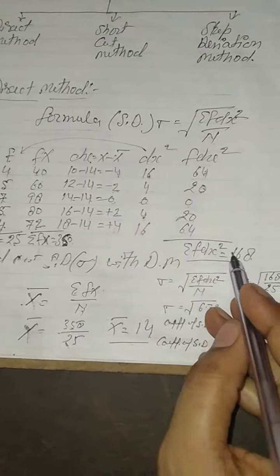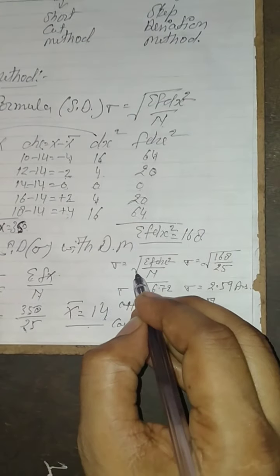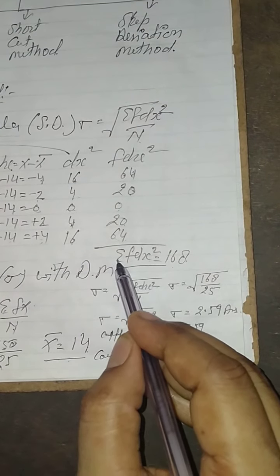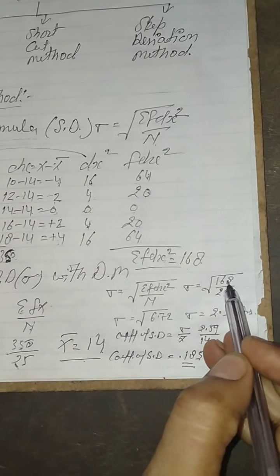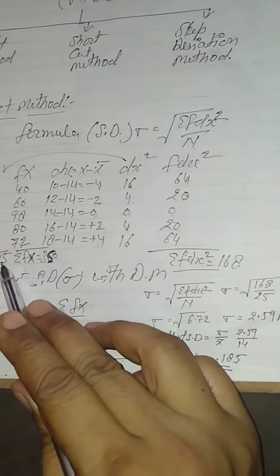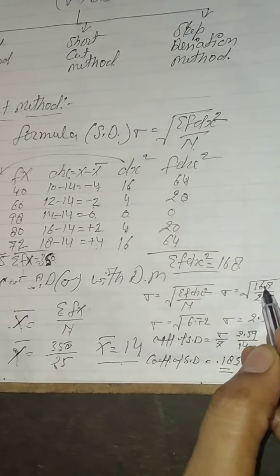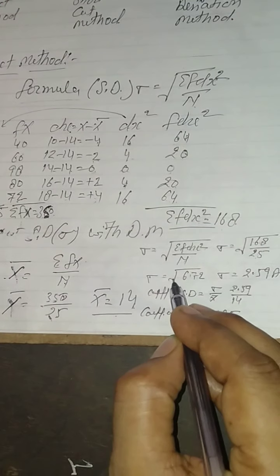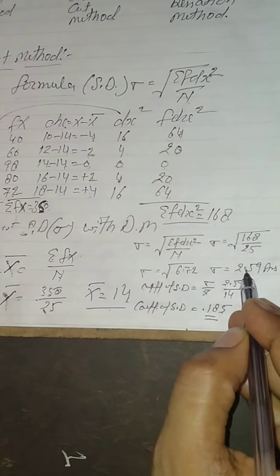After that, multiply with frequency: 64, 20, 0, 20, 64. Add them to get summation f dx square, that's 168. After that we apply the formula: standard deviation is equal to under root summation f dx square divided by n, that's 168 divided by 25, which gives 6.72. Find the root, it will be equal to 2.59. That's the answer.